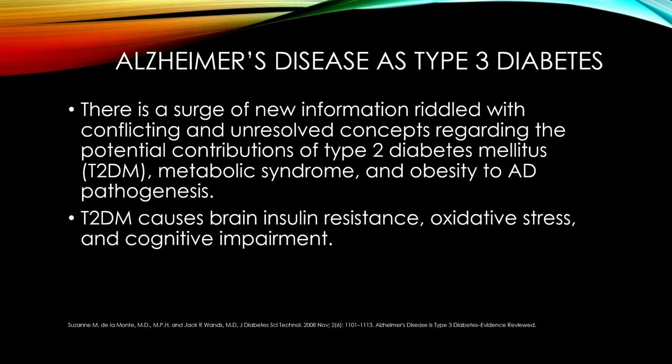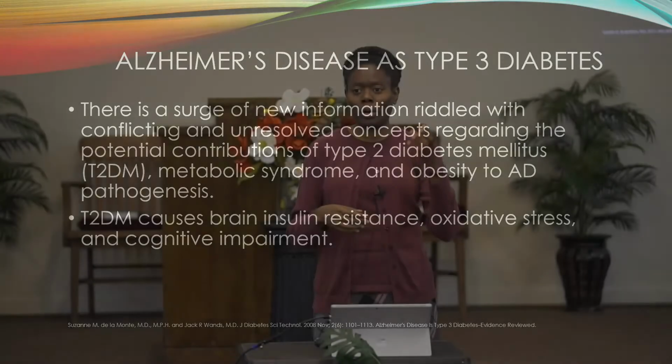And this is where the type 3 diabetes comes in, because they're finding out that when someone has type 2 diabetes, you have chronic inflammation that actually contributes to the development of the diabetes itself. And you have insulin resistance, where because of the chronic inflammation, the insulin receptors are affected and not responsive to insulin.